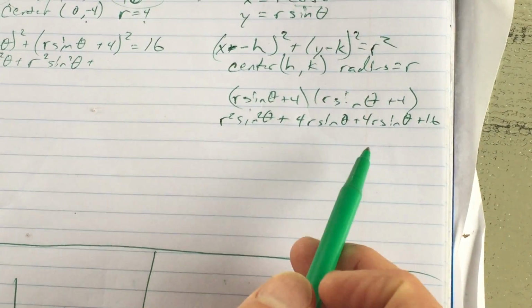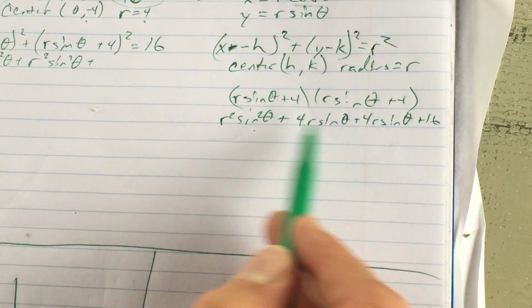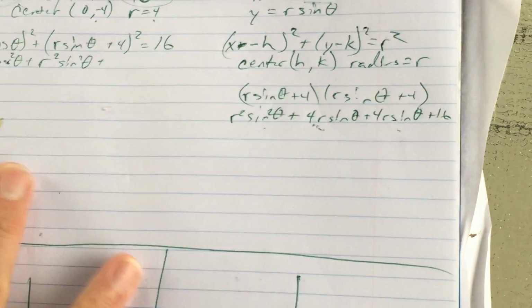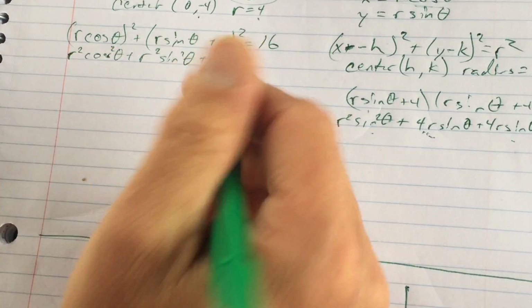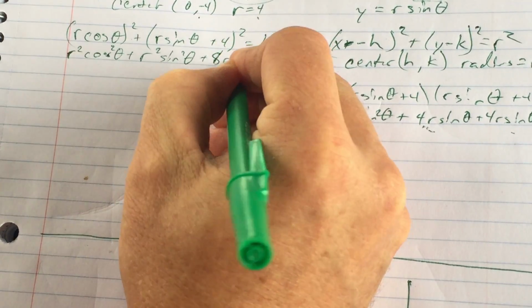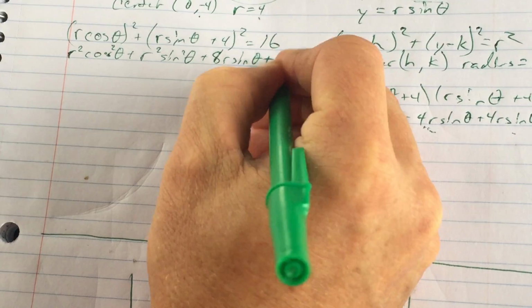So all we're doing is foiling that out. Now there's two 4r sine thetas, so that means 8r sine theta.